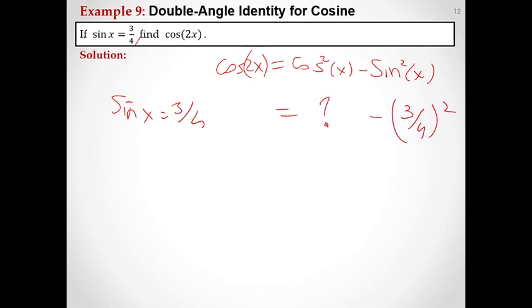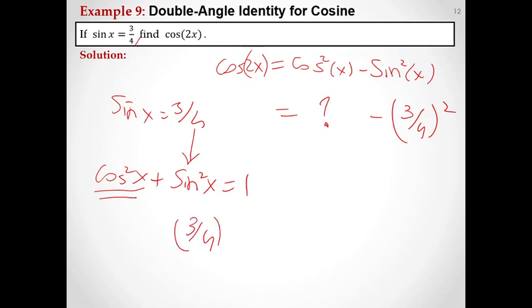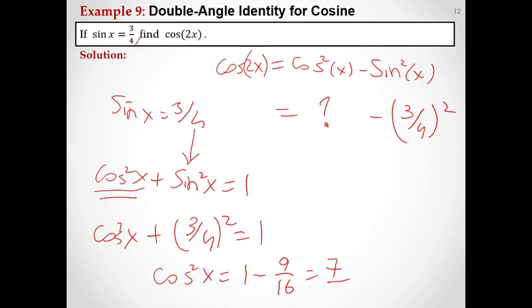And what about cosine squared? We can use the basic identity, cosine squared plus sine squared equals 1, to get cosine squared. So we substitute here: cosine squared x plus 3 over 4 squared is equal to 1. Cosine squared x equals 1 minus 9 over 16, and this will give you 7 over 16.